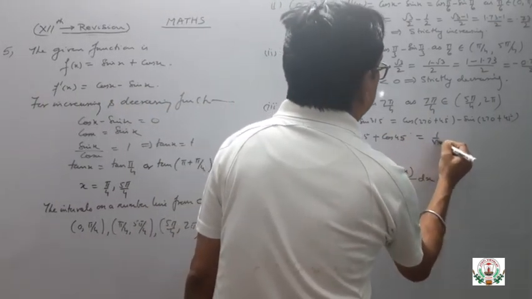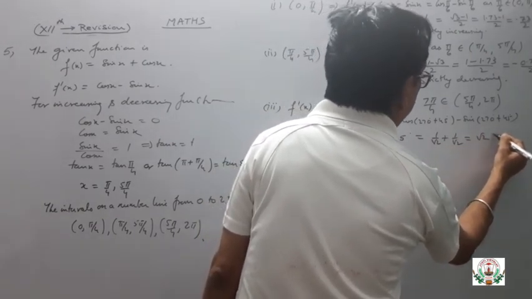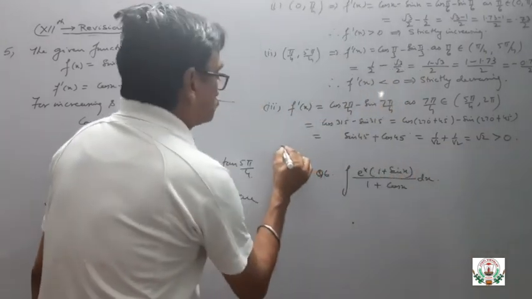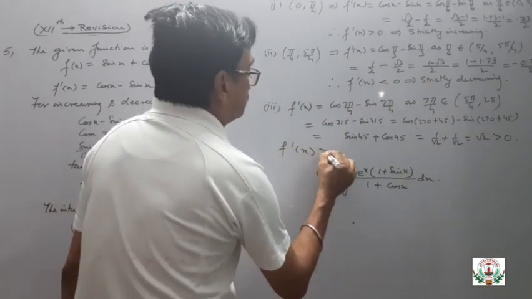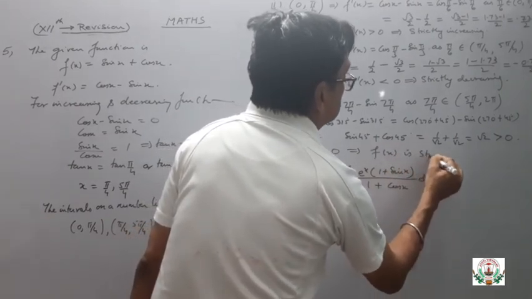So 1 by root 2 plus 1 by root 2 equals root 2, which is positive, greater than 0. So f dash x is greater than 0 here, and the function is strictly increasing.